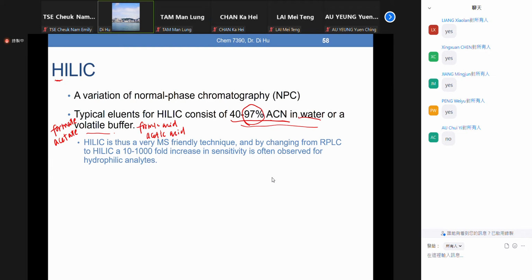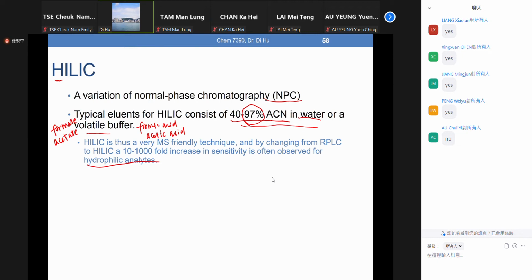So for those hydrophilic analytes, because we can see the polar compounds show good solubility in this kind of mobile phase, this overcomes the poor solubility you often encounter in normal phase chromatography, because it uses very non-polar mobile phase.